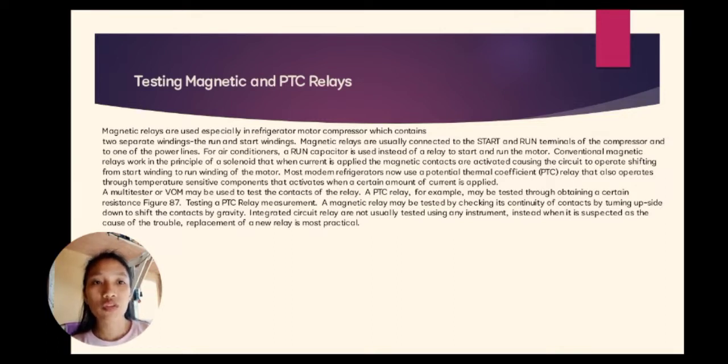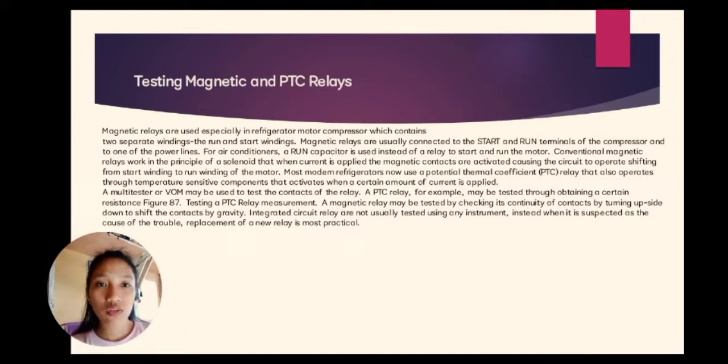Most modern refrigerators now use the positive temperature coefficient (PTC) relay, which operates through a temperature sensitive component that activates when a certain amount of current is applied.